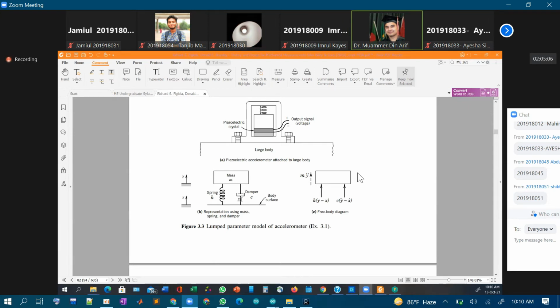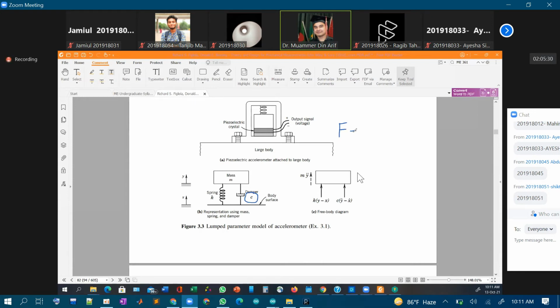And how does the damper work? It responds to the velocity, how fast the piston is moving. So to model that, we can say this: if the damper has some constant coefficient c, the force applied is related to the damping by c, the constant, times the velocity at which the piston is moving.